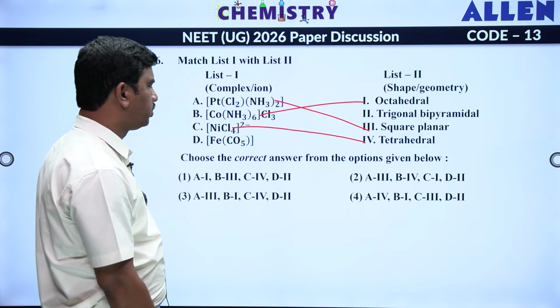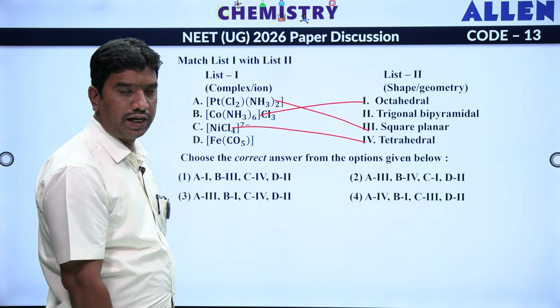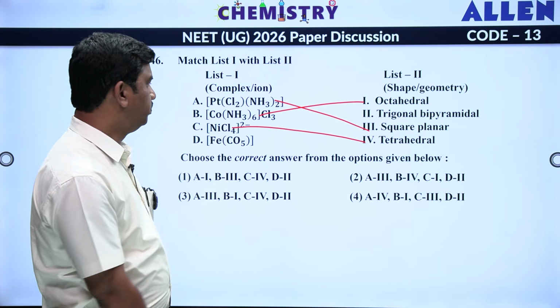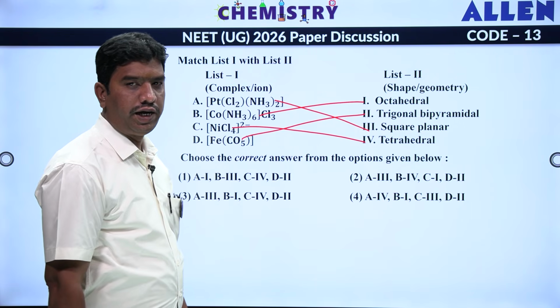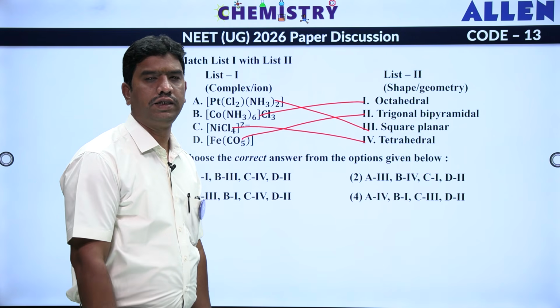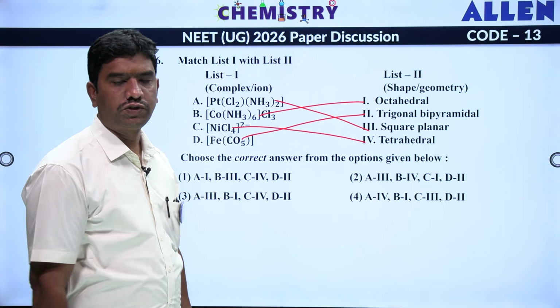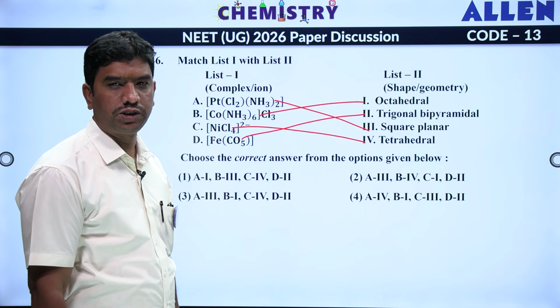So C is matching with 4. Fe(CO)5 is an ML5 type of complex, trigonal bipyramidal, sp3d or dsp3. Iron is d6 s2, and in the presence of a strong ligand it becomes d8, then sp3d hybridization is possible.